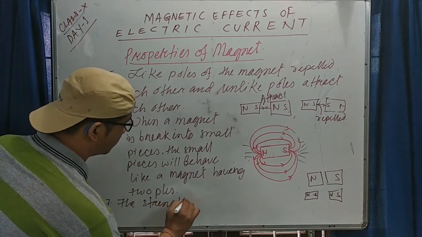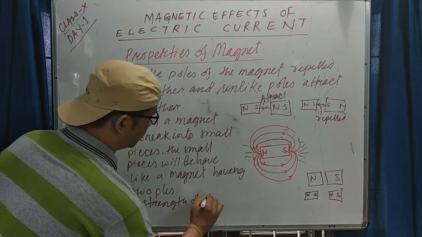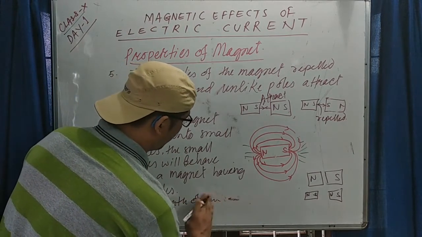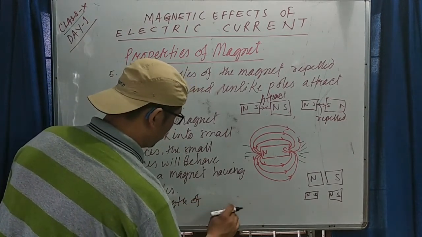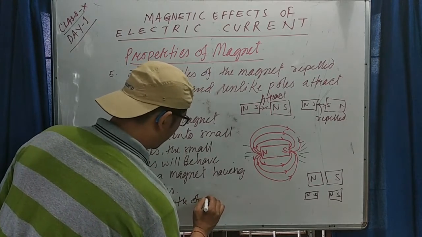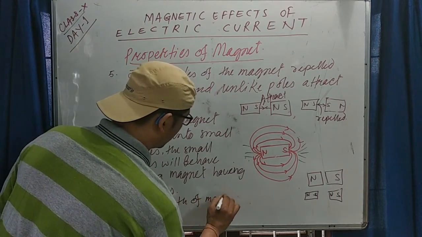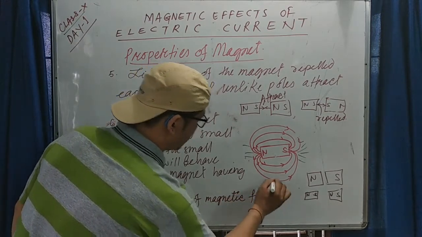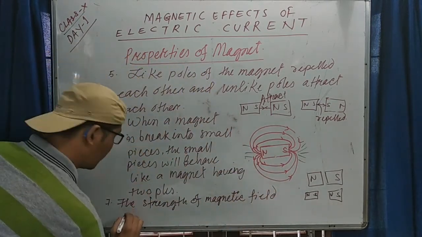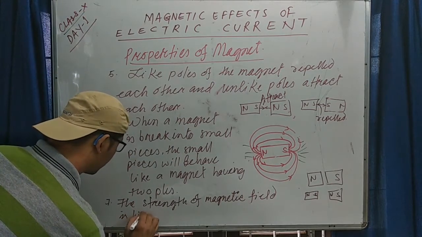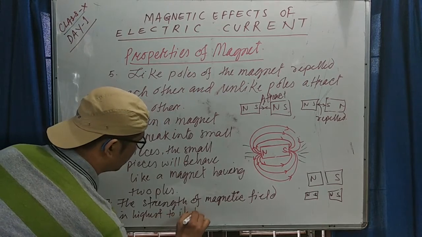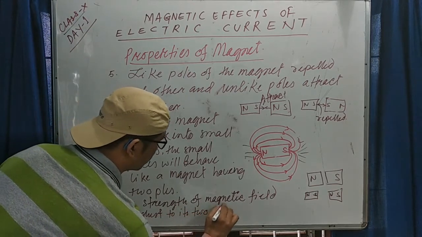the strength of a magnet, the strength of the magnetic field is highest at its 2 poles.